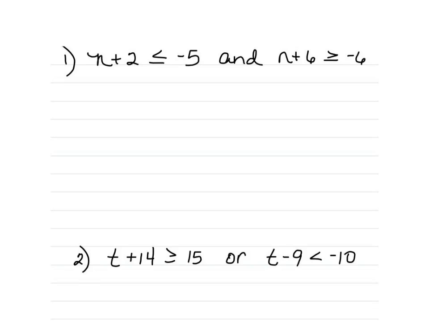Let's look at some and start solving them. Copy down number 1. Pause the video for a moment. The key word here is AND. This is an AND situation, which means we have an intersection. So let's solve each of these. n minus 2 is less than or equal to negative 5.